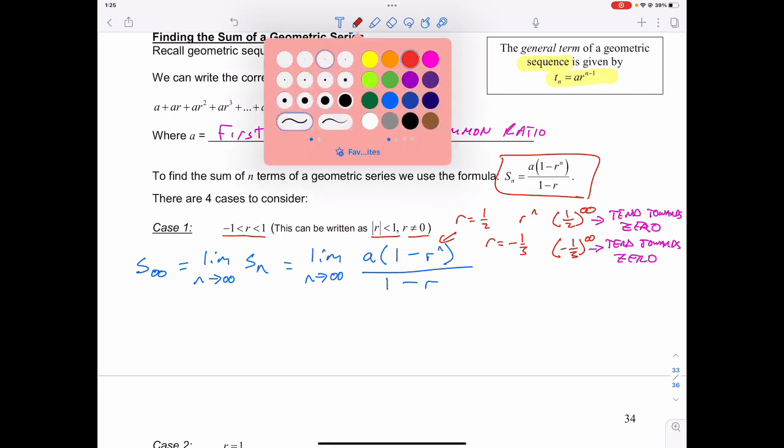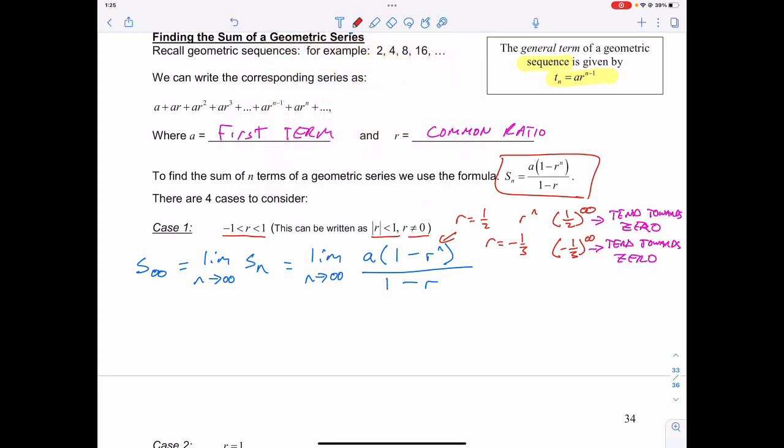So from my formula here, if I'm approaching infinity and I have a times 1 minus r to the power of n, that's going to tend towards 0. And this is all going to be over 1 minus r.